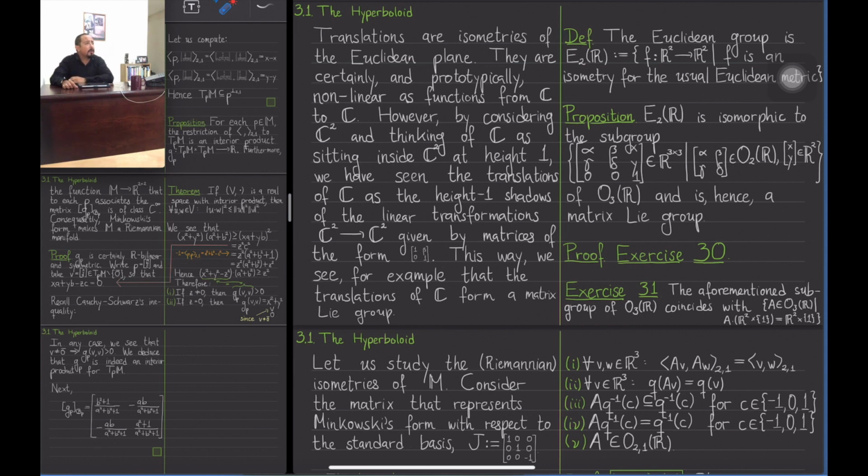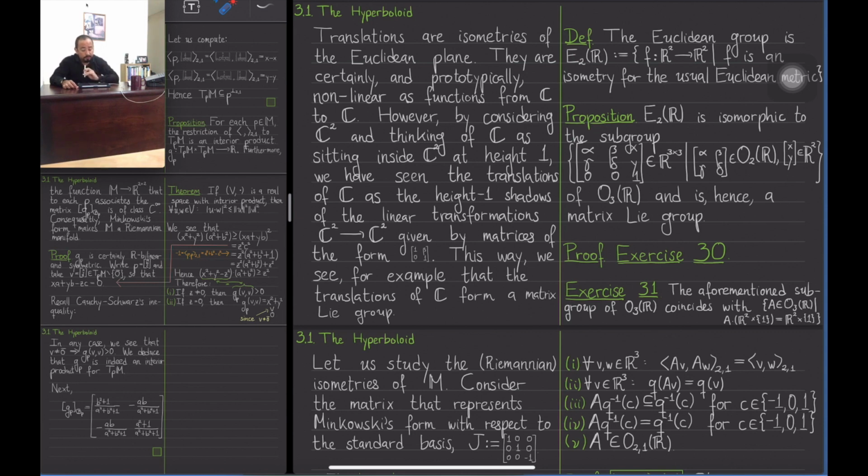Right? But there are many isometries that are not linear. For instance, when you rotate around a point different from the origin, you have a non-linear isometry. Reflections with respect to lines that do not pass through the origin are also not linear, right? And also, for example, translations, right? Translations, those are not linear, right?